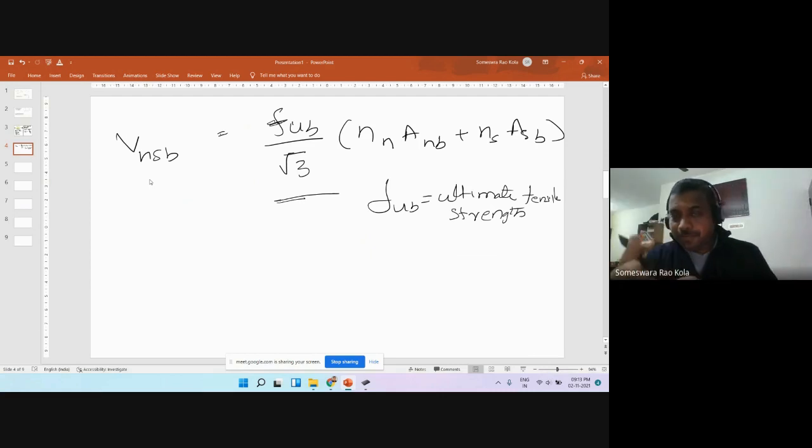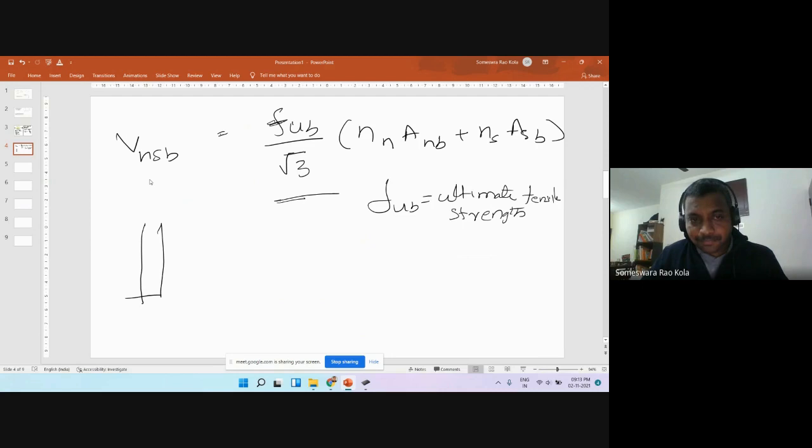Now, after the stress part is taken care of, we want to understand this area part: NN into ANB plus NS into ASB. When you have a bolt, typically the threading is only up to some required length.